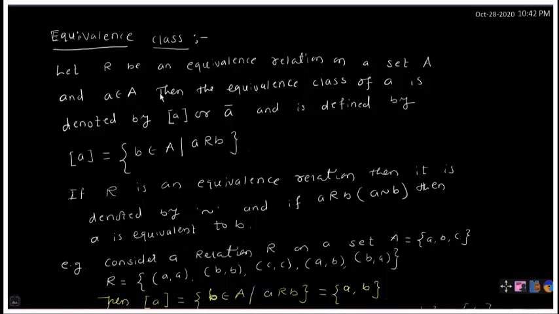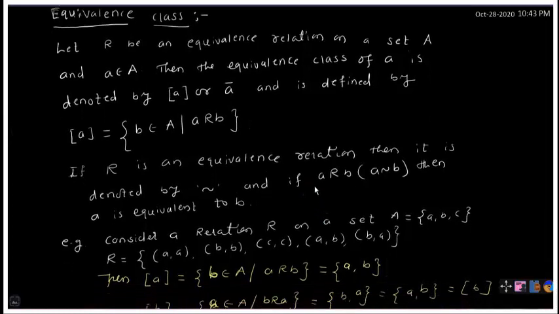Do you understand what is equivalence class of a? If R is an equivalence relation, then it is denoted by this. Then if a is R related to b, it is called a is equivalent to b.